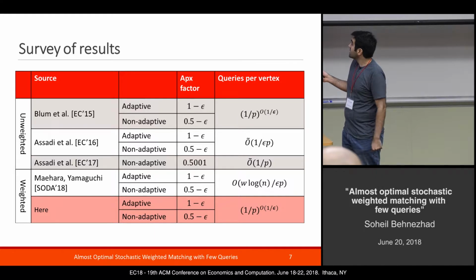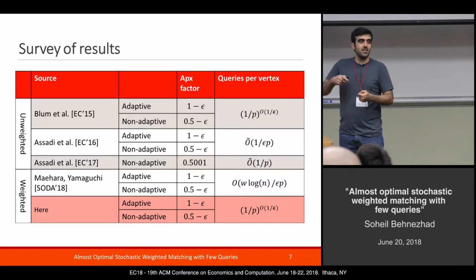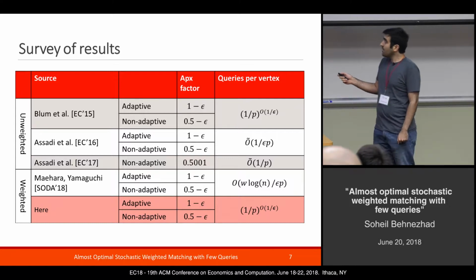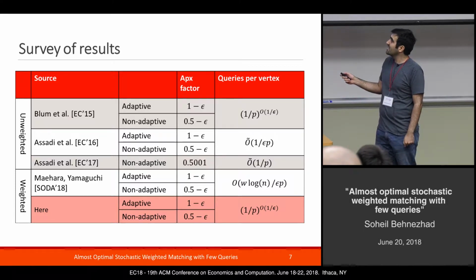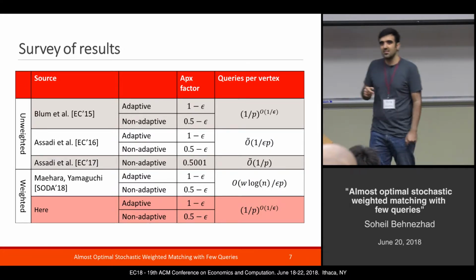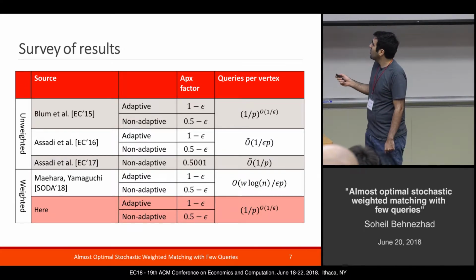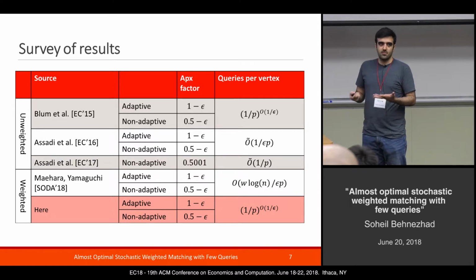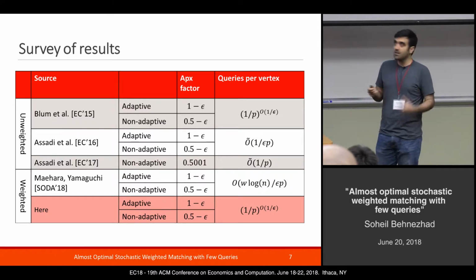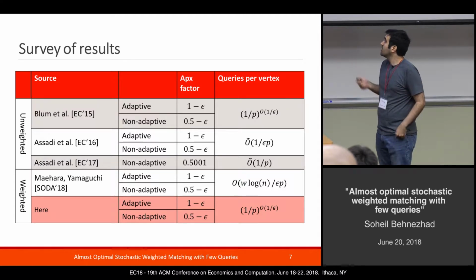And the good thing is that the number of queries per vertex is only (1/p)^(1/epsilon). So if you think about it, this 1 over p is really a small number, say, in the kidney exchange. This is a constant. And 1 over epsilon is also a constant. So this is good because you only query a constant number of edges per vertex and get an almost optimal matching.